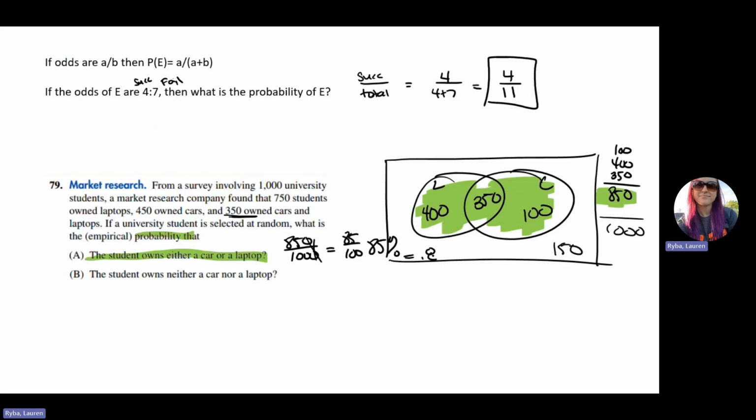I could write it as 0.85. Or I could reduce that down. 85 out of 100, they're both divisible by 5. 85 divided by 5, 17 out of 20. So any of those are fine.